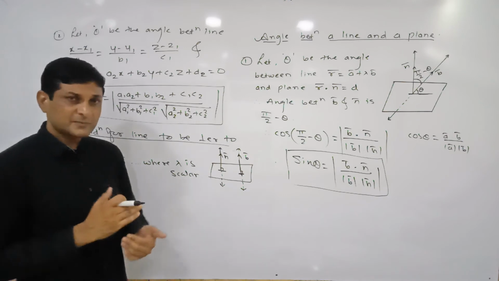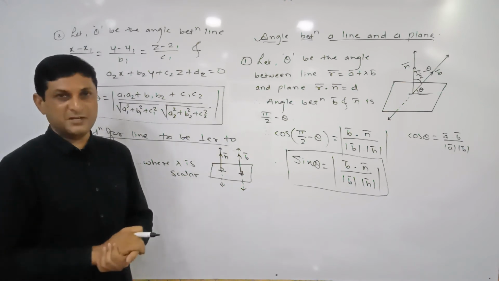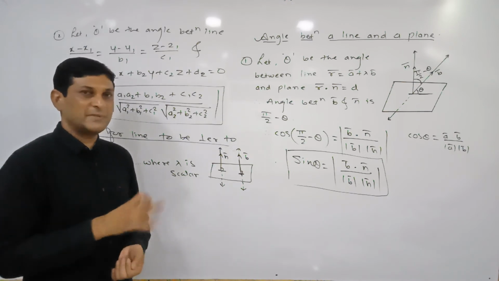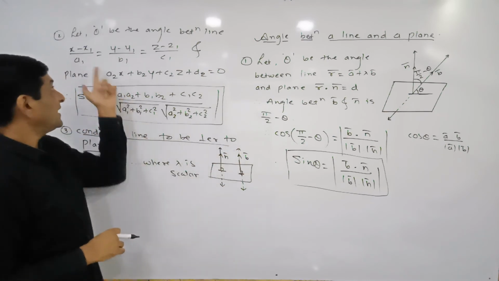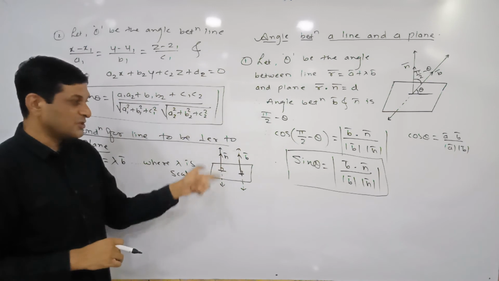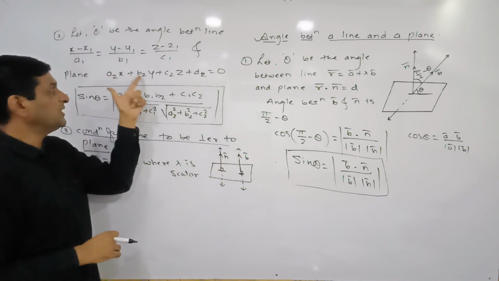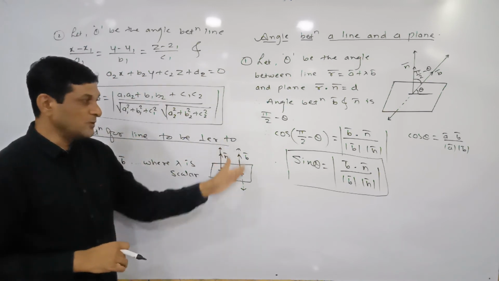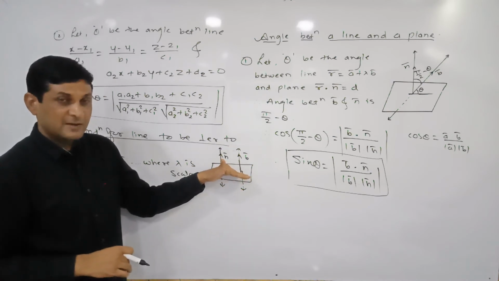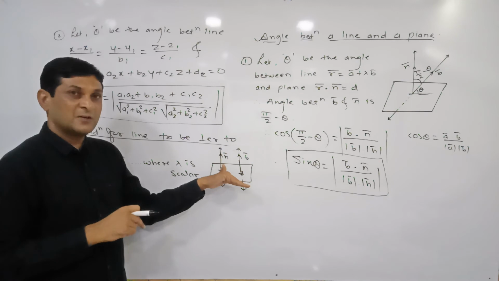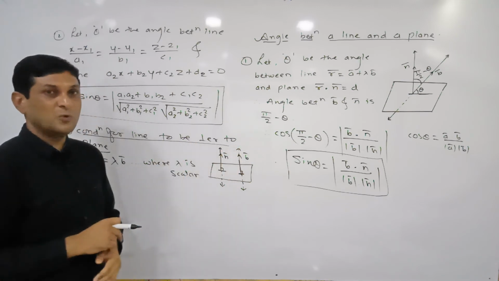And now let us try to find another condition in terms of direction ratios. What are the direction ratios of the line? A1, B1, C1. What are the direction ratios of the normal? A2, B2, C2. When the line is perpendicular to the plane, it is parallel to the normal.